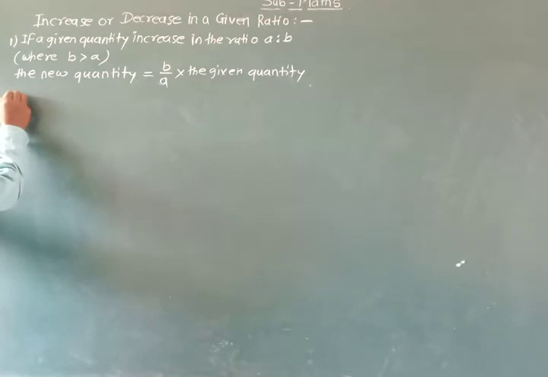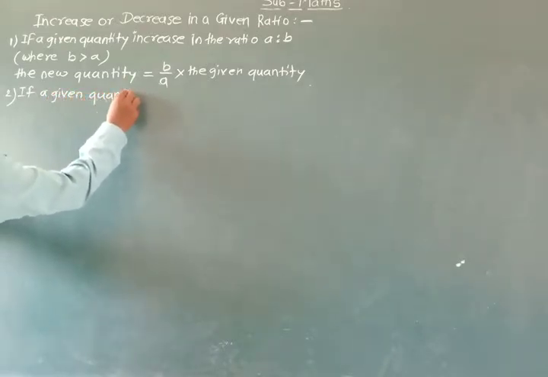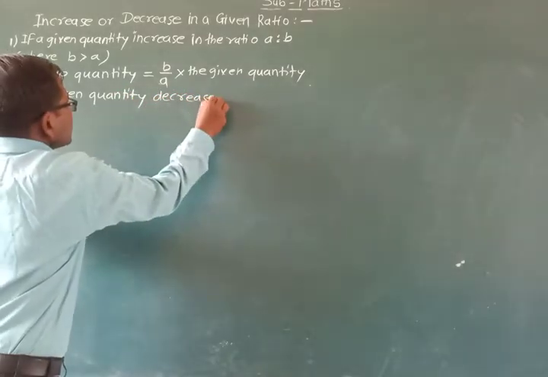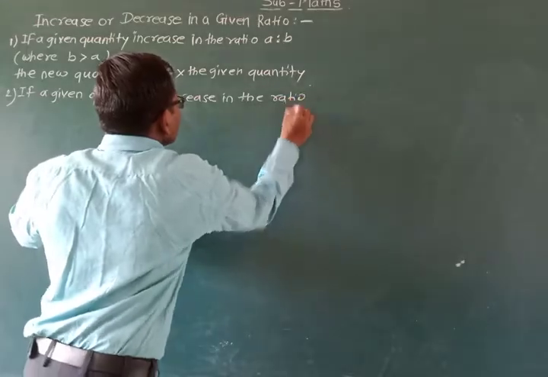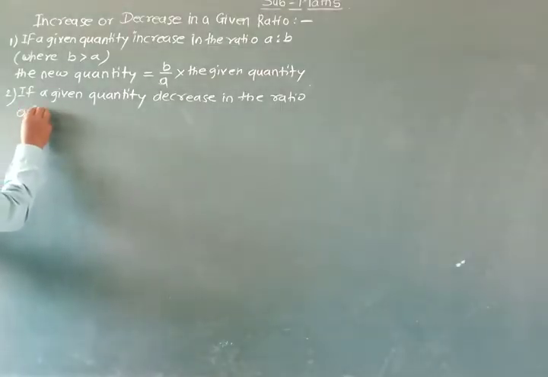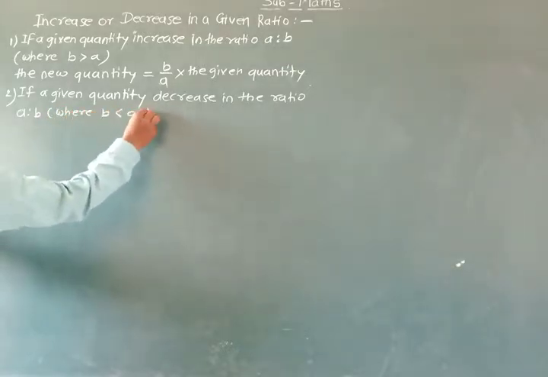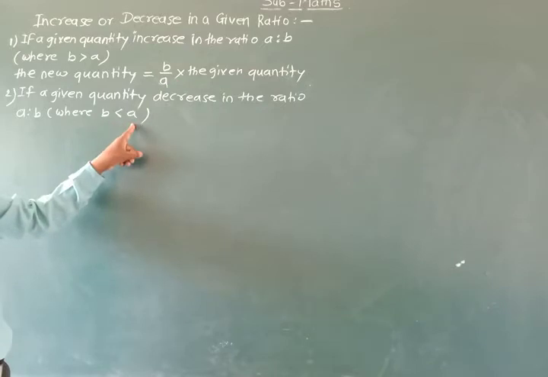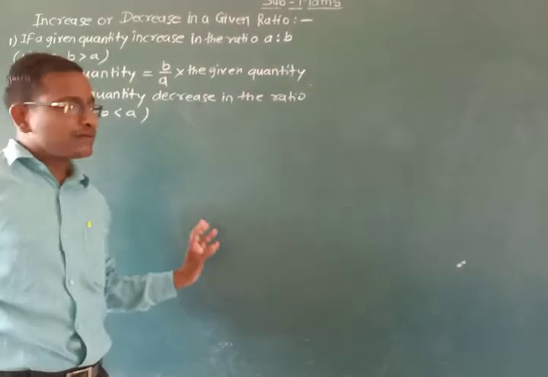In a second case, if a given quantity decreases in the ratio A is to B, where B is less than A. Before, B was greater than A, so you write B upon A. But here B is less than A, so first you write B upon A multiplied by the given quantity.